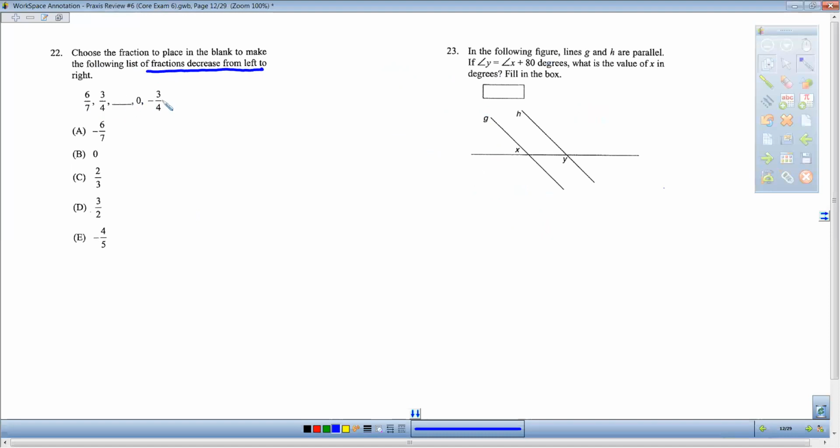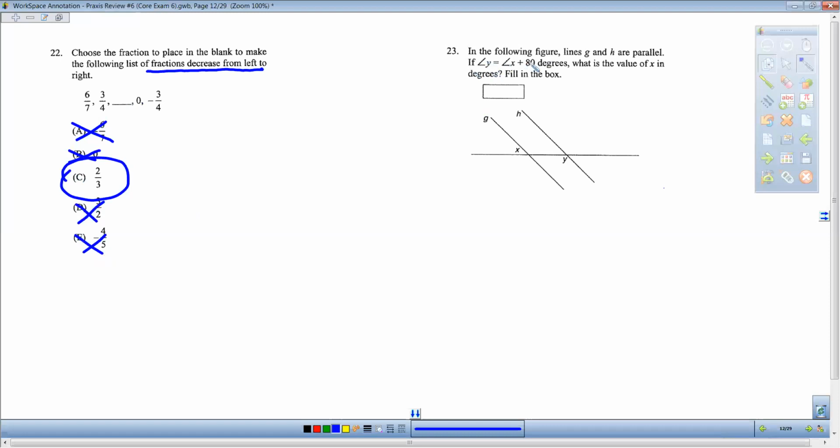Well, since this is negative and this is 0, this is negative 6/7, that one's out. And we already have 0, so that one's out. And this one would be 3 halves, which would be 1 1/2, which would put you over here to the left. So D is out, and then we have another negative, so that one would be out. So 2/3 is the only choice that would go in the middle.